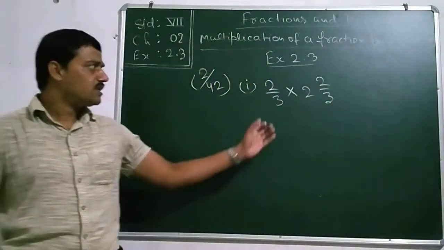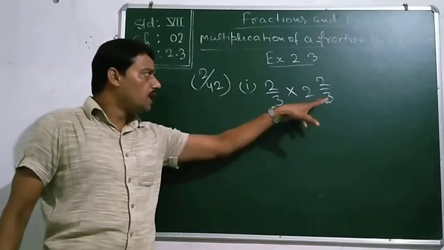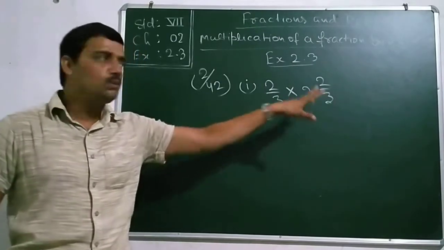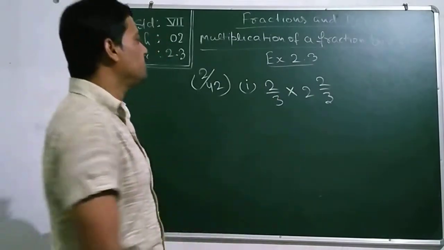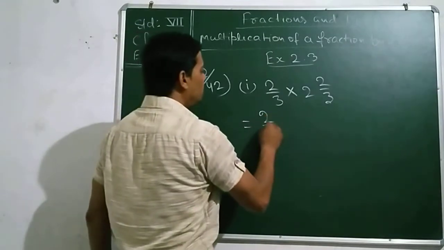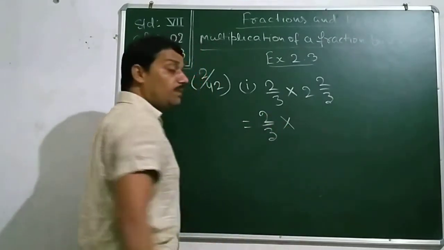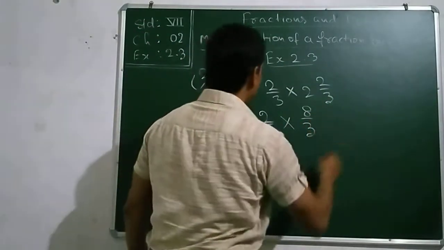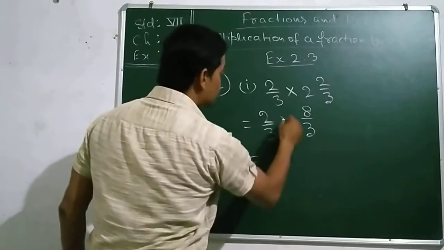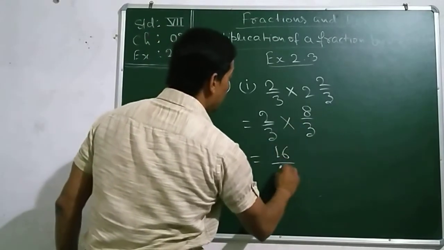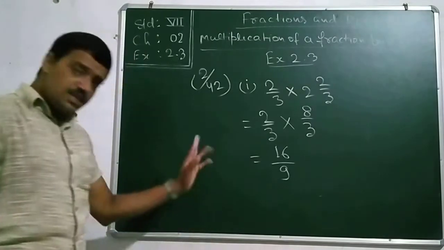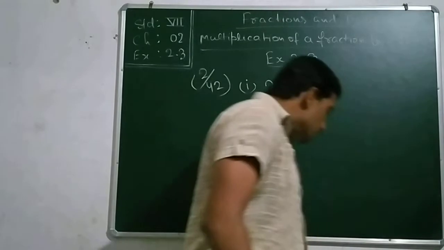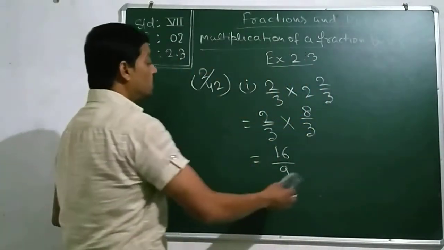Take care, in the previous class also I explained that the mixed fraction is to be converted first into an improper fraction. After that we will proceed with our multiplication. So this will appear like 2 by 3 into, 3 twos are 6 plus 2, 8 by 3, and the result is 16 by 9. Like this you can solve the remaining sums of number two also. Come to the third sum now.